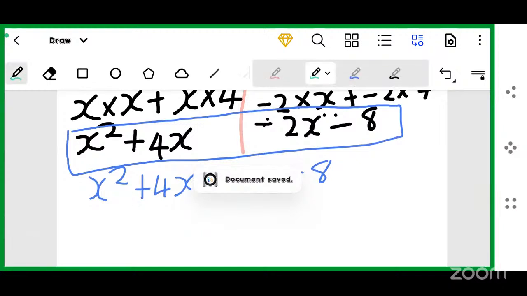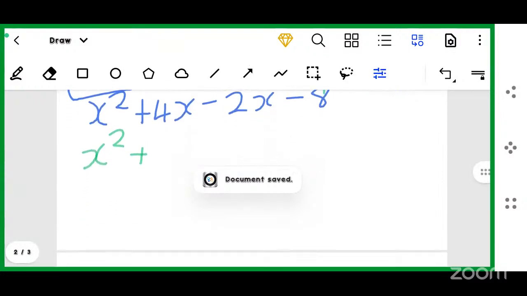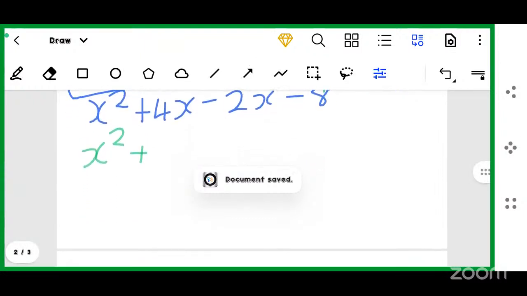So you say it's going to be x squared plus 2x, ma'am, because of subtracting the 2 from the 4. Okay, so it's x squared plus 2x, and minus 8.